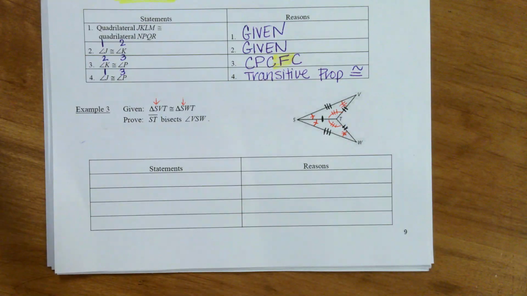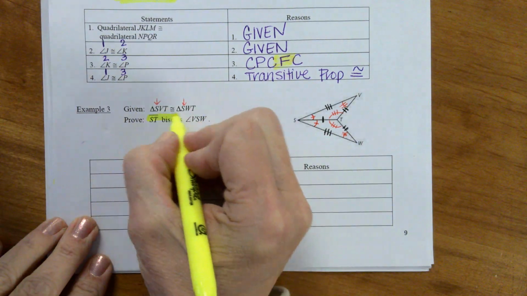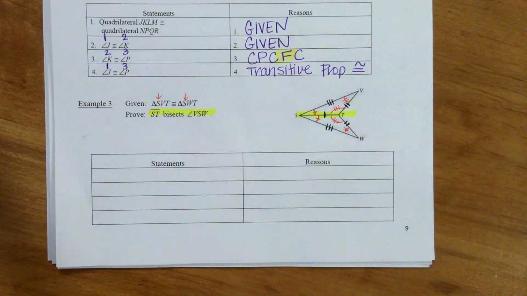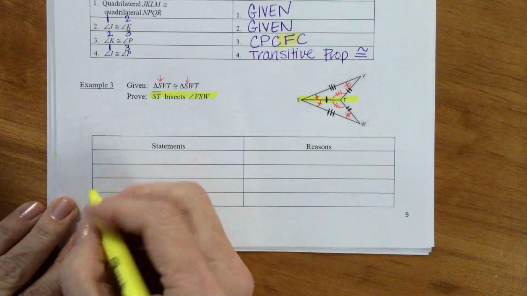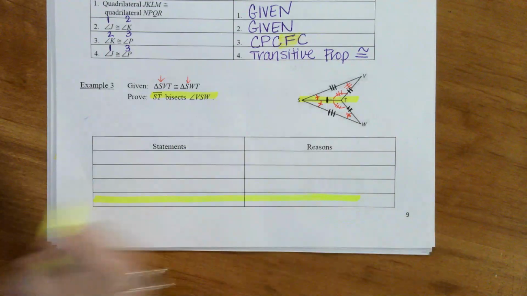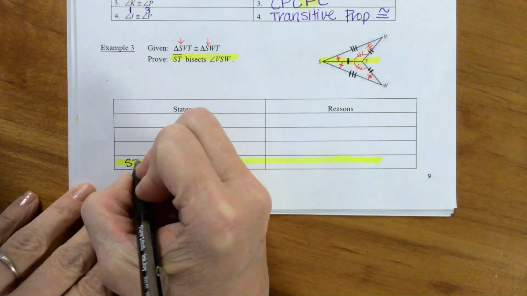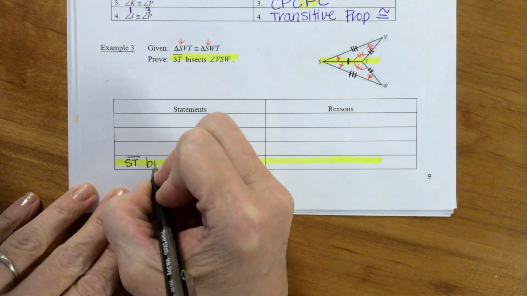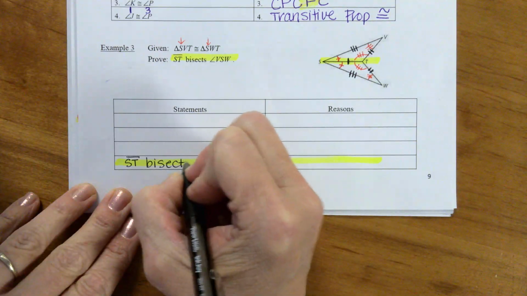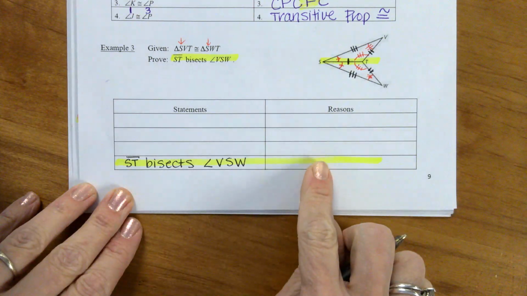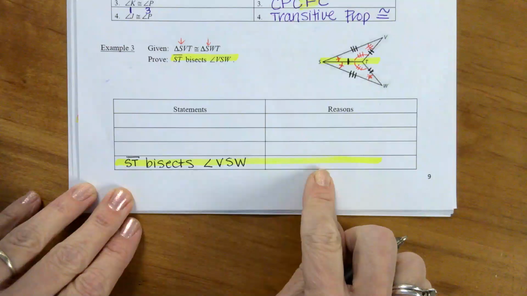And this says to prove that ST, that's this line right here, prove that ST bisects angle VSW. That's going to be down here. So I can write that ST bisects angle VSW, and I'm going to leave the reason blank for right now.